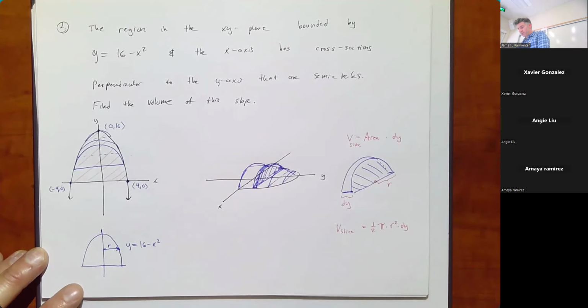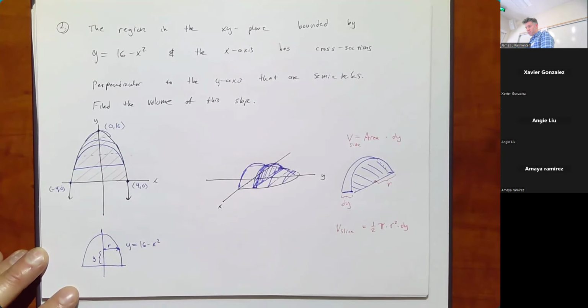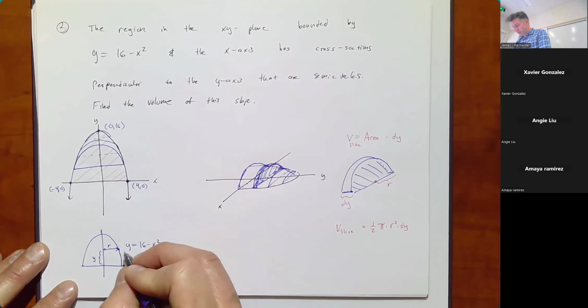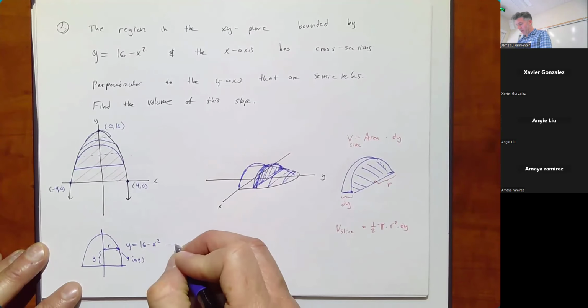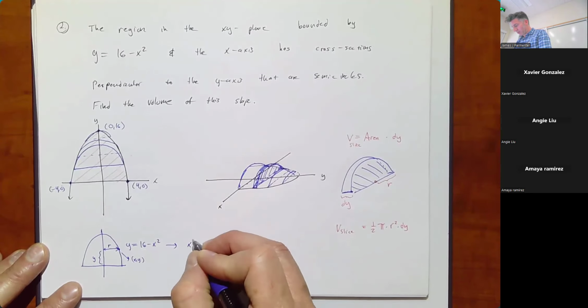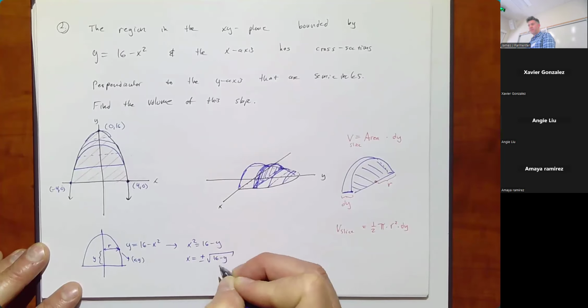Okay, well, if we're at a height of y, then we know that the radius, which is the x value, we can find. So essentially the radius here, if this is the point x comma y, the radius is the x coordinate. So if we solve this for x squared equals 16 minus y, x equals plus or minus the square root of 16 minus y.